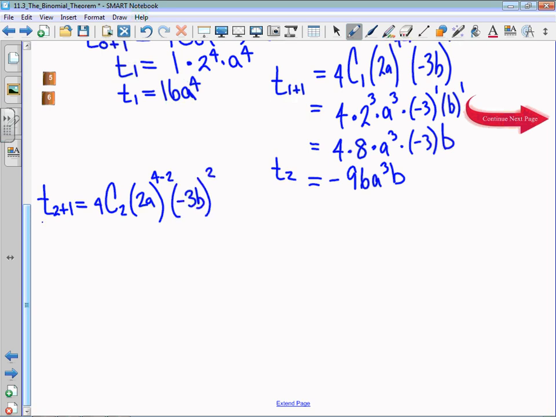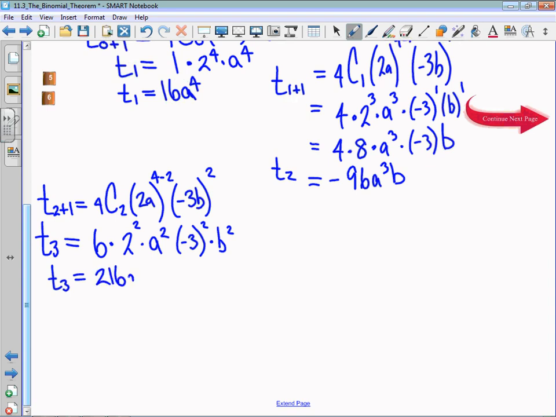That means that term 3, I'm just going to put 4 choose 2 into my calculator quick because I don't know that off the top of my head. 4 choose 2 is 6. I'm going to be multiplying by 2 squared, by a squared, by negative 3 squared, and by b squared. That means that term 3 is 6 times 4 times 9, or 216 a squared b squared.